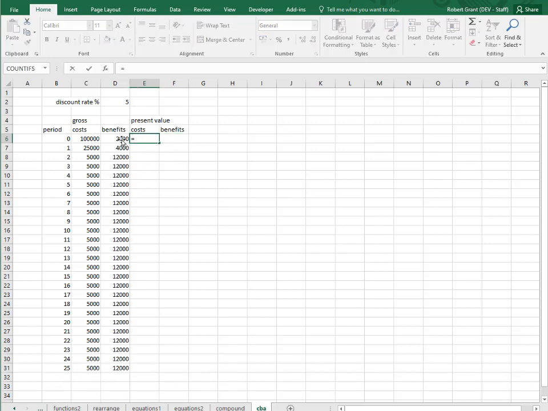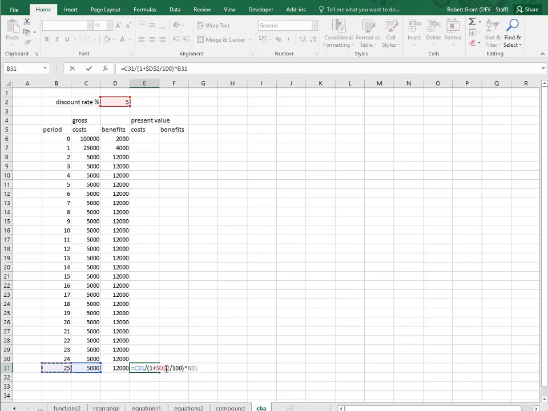So this one that's 25 years in the future, this cost here would be equal to this, reduced by this expression here, which means 5 divided by 100, so that's your 0.05.